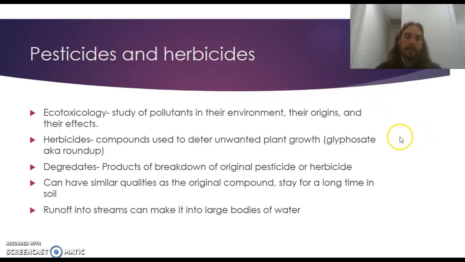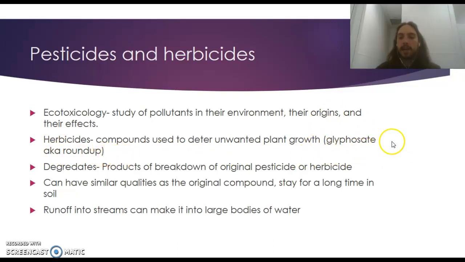So herbicides are compounds used to deter unwanted plant growth. So herb and then icide, this is death. So herbicides kill herbs, plants. A good example of that is glyphosate, and people normally call it Roundup. That's a Monsanto product.